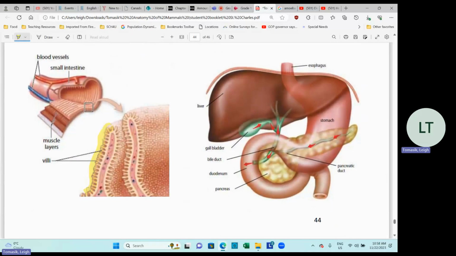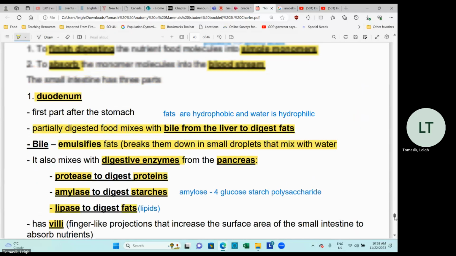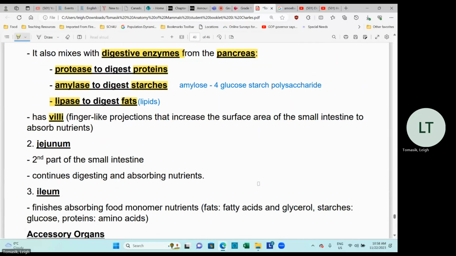So they increase the amount of cell membrane, which increases the amount of food that your intestine can absorb, that it can take in. So villi increase the surface area of the small intestine to absorb nutrients.